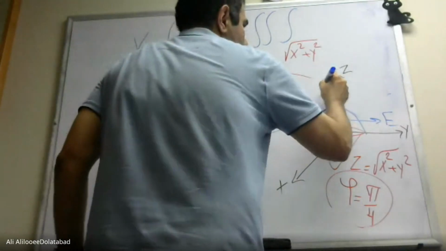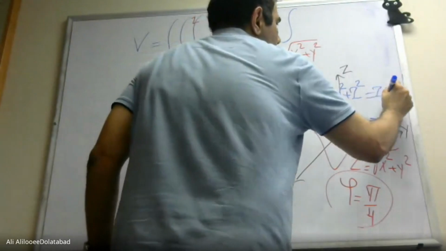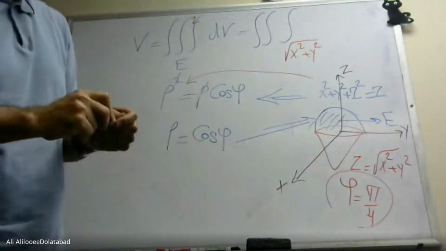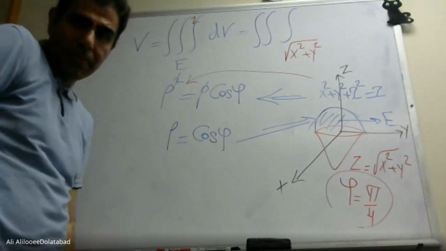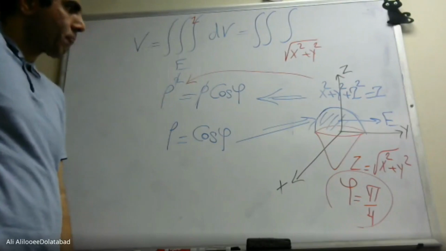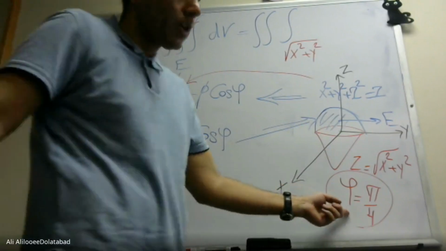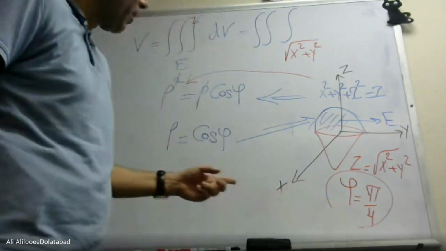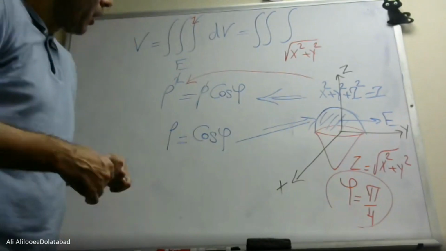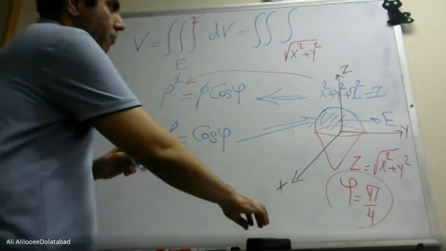And we have x squared plus y squared plus z squared equal z. Let's see, I converted both equations into spherical coordinates. For this cone, you have phi equal pi over 4. For this sphere, you have rho equal cos phi. So, now we are ready to find this integral.